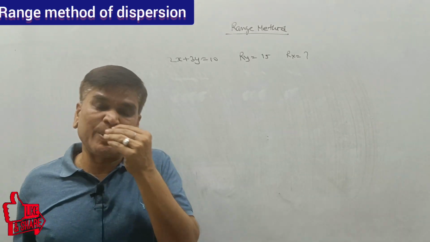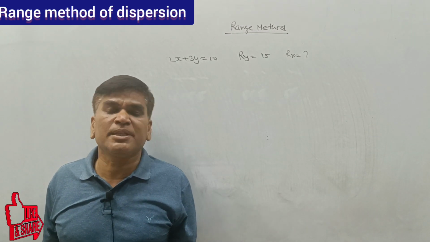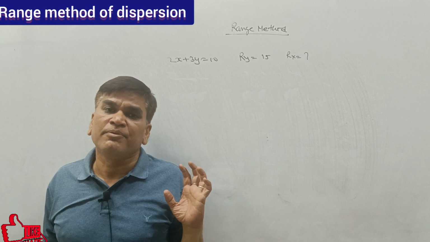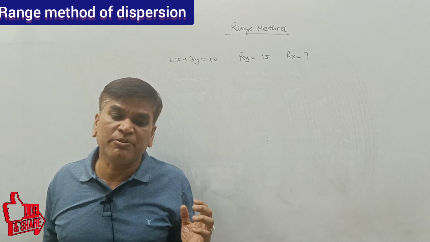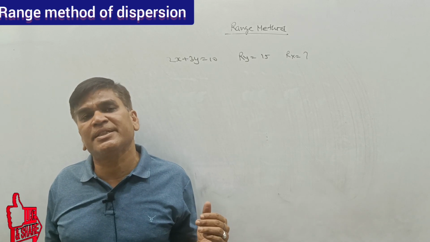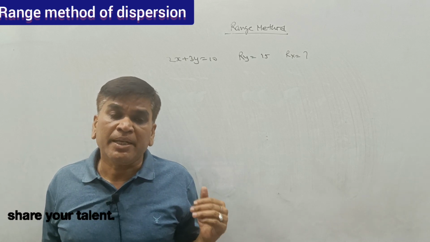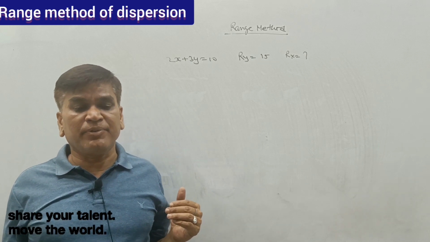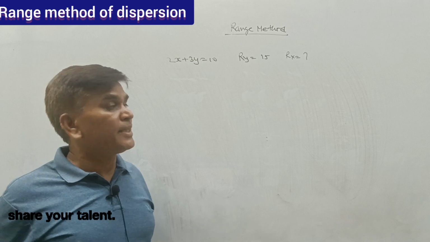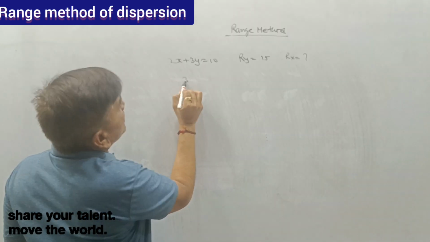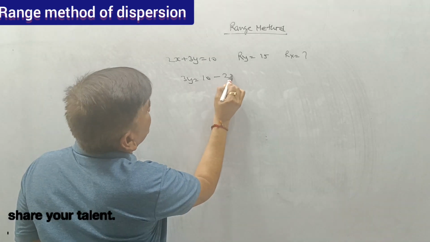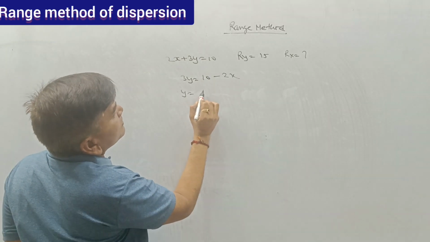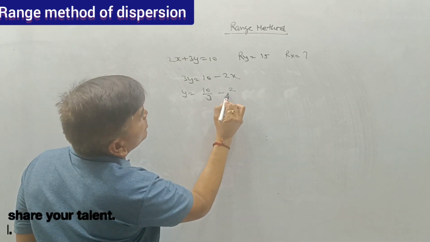Here we are using another method of the range. We have the relationship between the x and y series, the range of y is given as 15, and we have to calculate the range of x. So 3y is equal to 10 minus 2x, so y is equal to 10 by 3 minus 2 by 3 x.